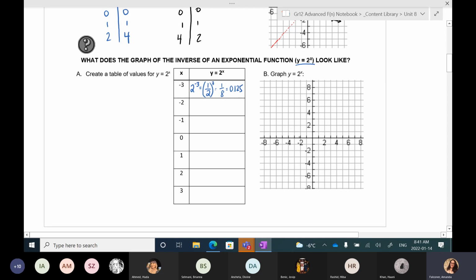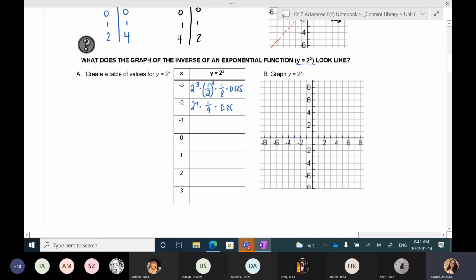Right, so negative 3 and just a little bit higher than, can't even tell, that x-axis. 2 to the negative 2 is going to be 1/4 or 0.25.